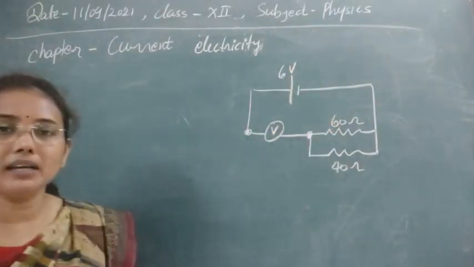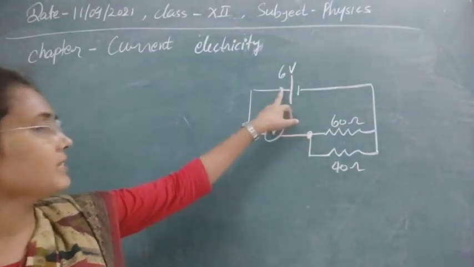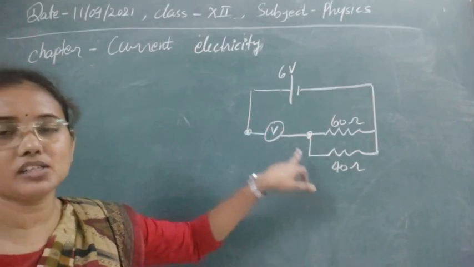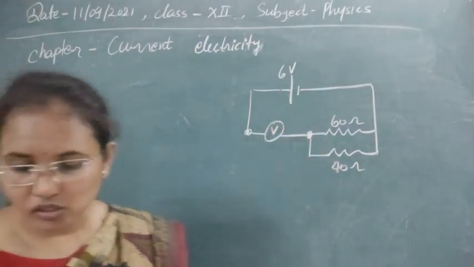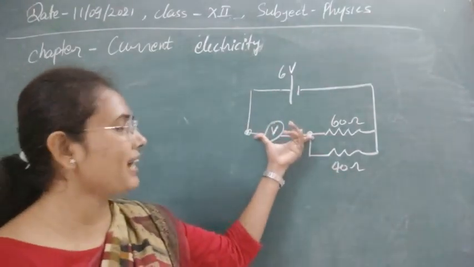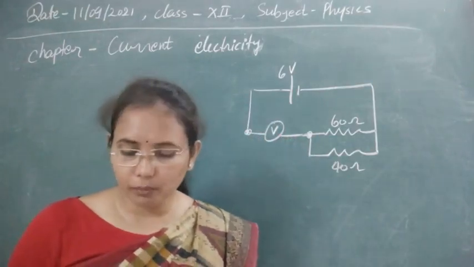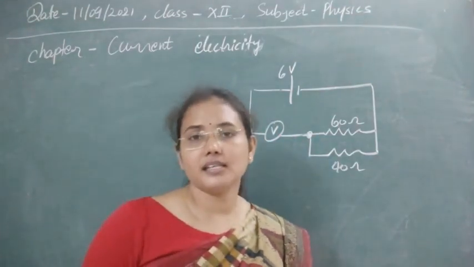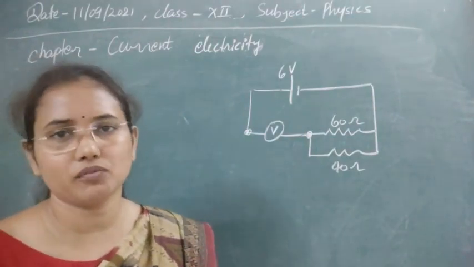So this voltmeter will not measure anything different. It will measure the same potential that is applied across these resistors. Between the voltmeter points, these 2 points, as we can see no other potential drop, 6 volt potential is here. So the answer for the measurement of the voltmeter is 6 volt.